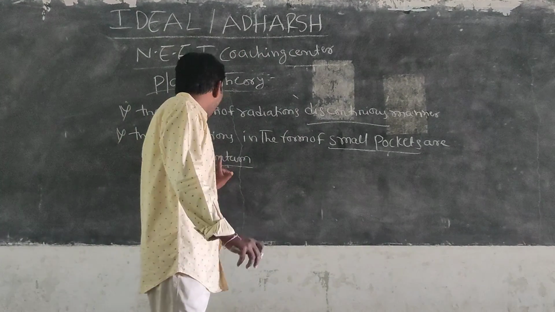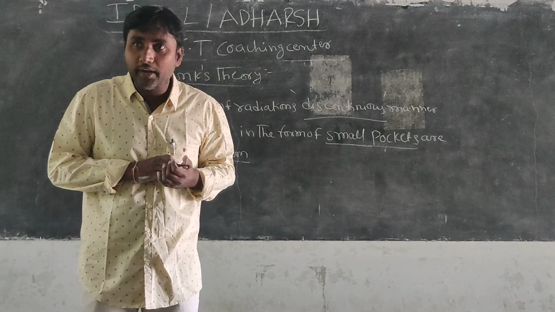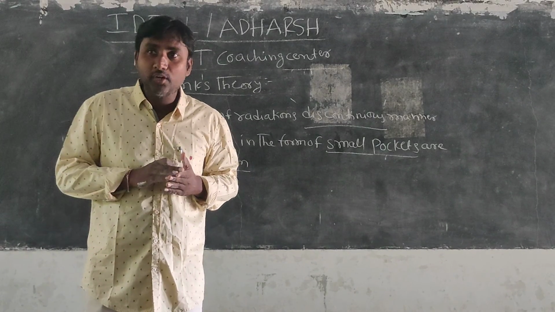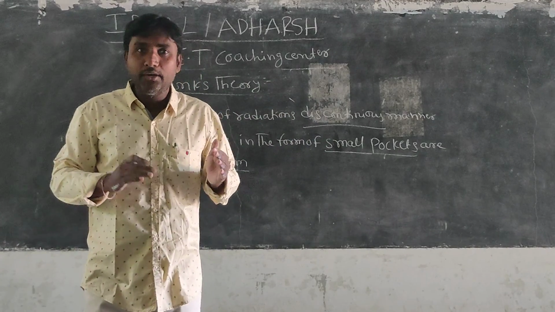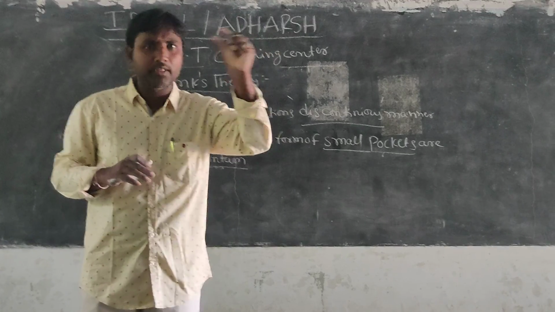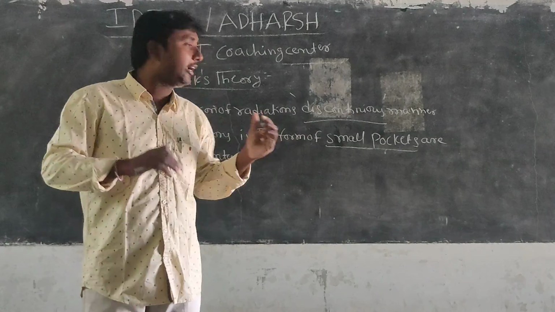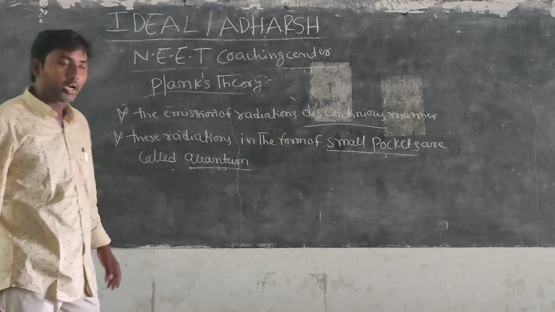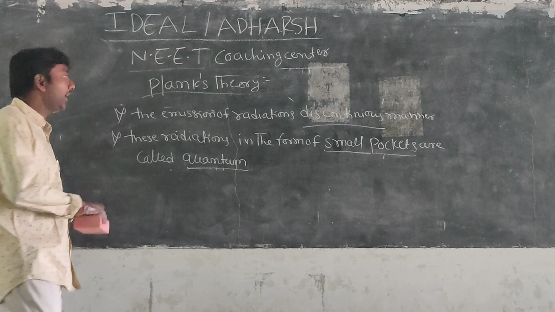Packets means small pieces. So he called them small packets, and those packets are called quantum. These are the two important points Planck gave.